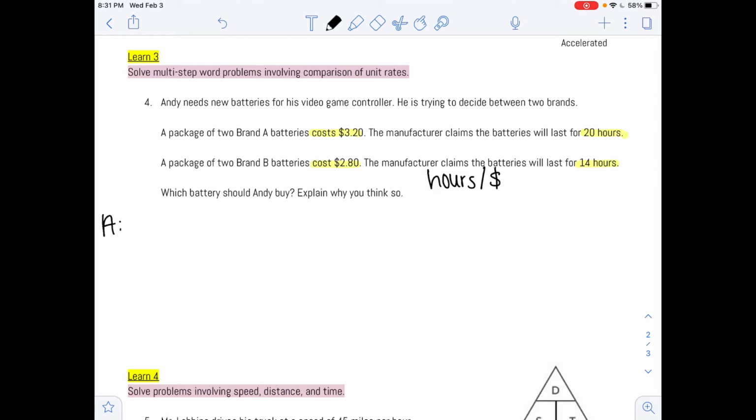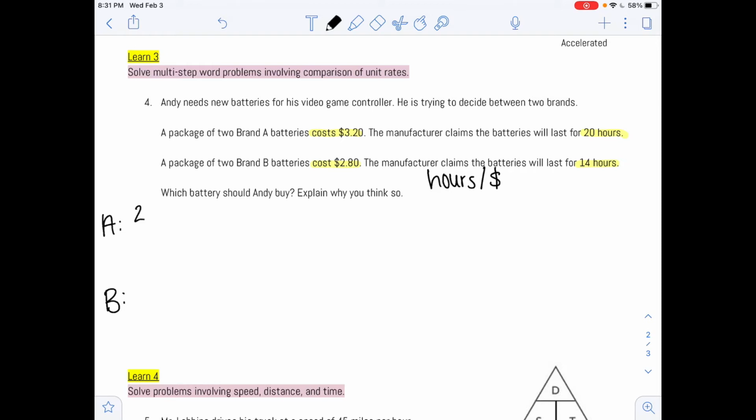Because for $1, we want to get the most life out of that battery, helping us find which one's going to be the better buy. Typically, we've thought about it as dollars per hour, but for this situation, we're going to flip-flop that. So for A and B, let's find our unit rates of hours per dollar.